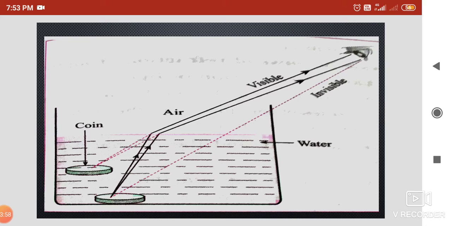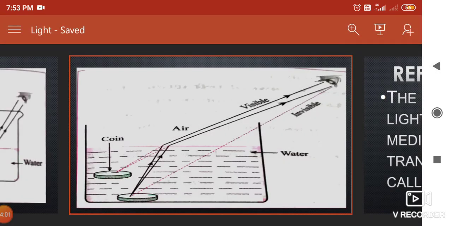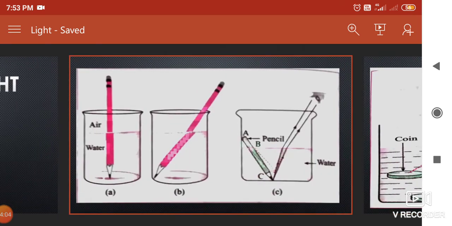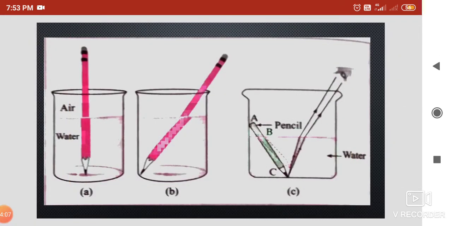So let us define the meaning of refraction. You have seen in the previous figure that light passes from the air medium to a denser medium, that is, from air to water. Both these mediums are transparent. When light travels from one transparent medium to another transparent medium, there is a change in the direction of light.